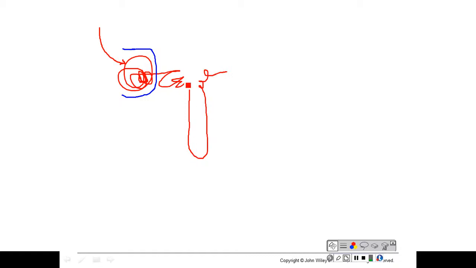Well, this tube that makes up this entire structure has in it little channels. I'll just make a few of them. Little channels, and of course this is really at the cellular level.